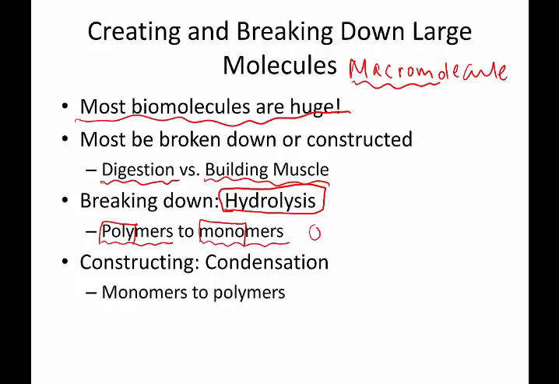So it's taking a huge biomolecule and bringing it down into single pieces. So here we have a chain of 4 biomolecule pieces linked together into a polymer, and that's broken down into its monomer constituents. For constructing, so going from monomers to polymers, that's called condensation.